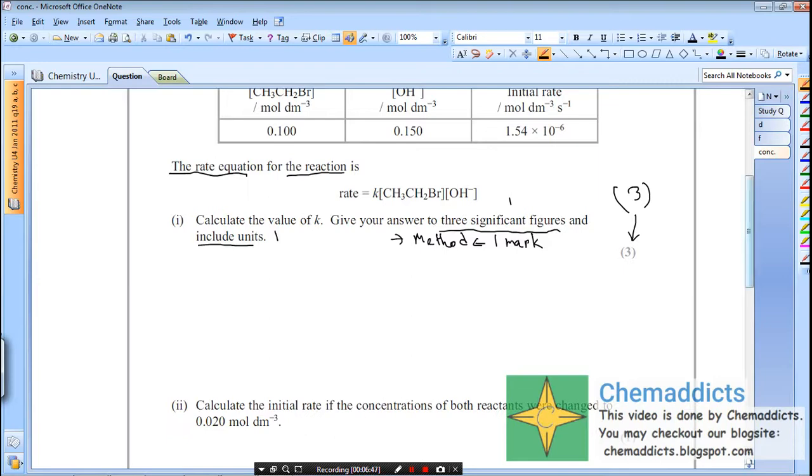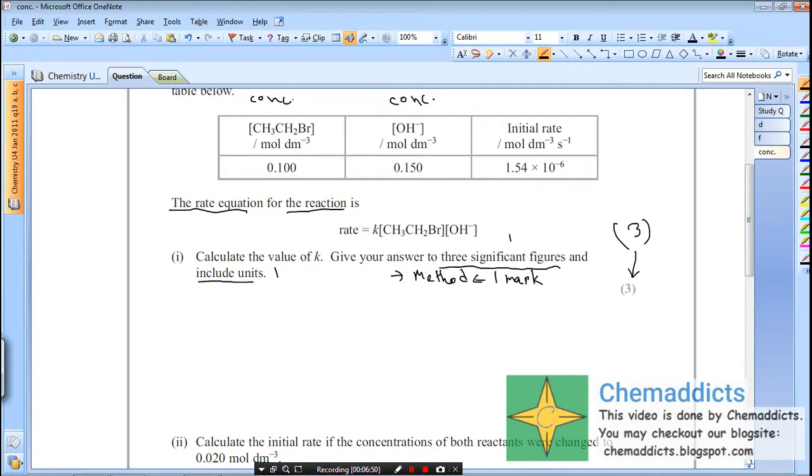So here the initial rate is 1.54 × 10^-6. It is wise to mention the units here, in order to get the unit for the constant. This makes the calculation easier and helps us to find the units.